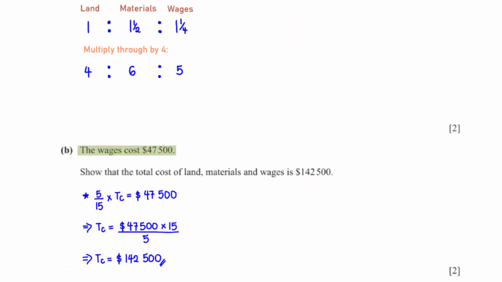The wages cost $47,500. Show that the total cost of land, materials, and wages is $142,500.